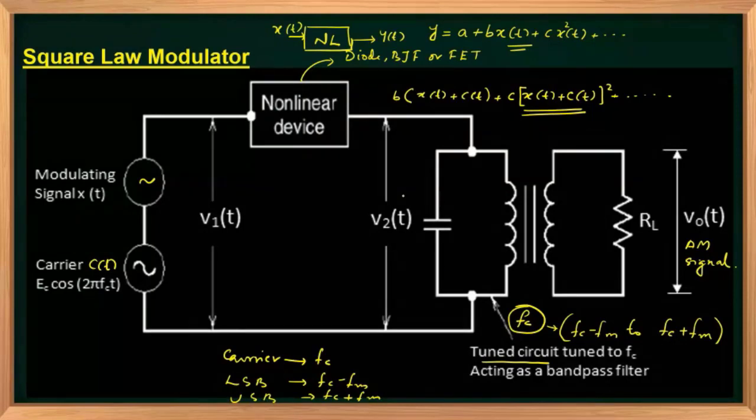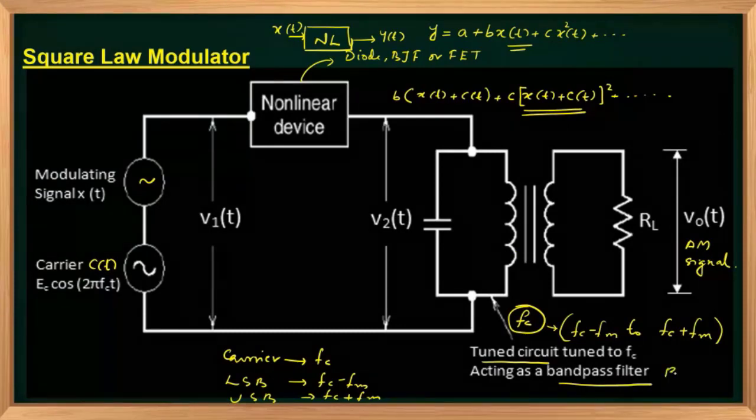So this tuned circuit will work as a band pass filter. Yes, it is given here, band pass filter, BPF. The band pass filter only allows a range of frequencies between fc minus fm to fc plus fm. So this is a tuned circuit. The transformer output, the secondary of the transformer, will get only the AM signal which contains carrier, LSB and USB.